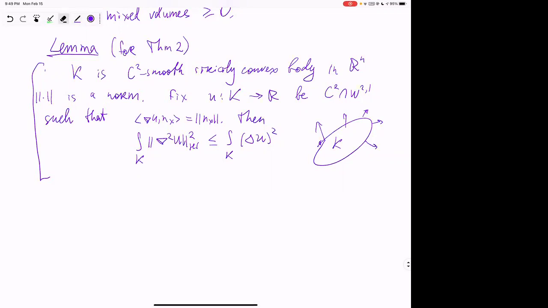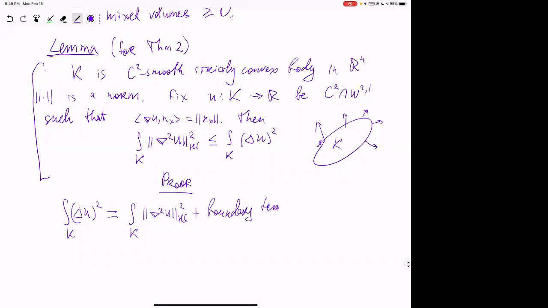But in this particular case, if its normal derivative happens to be a norm, then we have this estimate. So why? Let me explain very briefly. The Laplacian squared we can integrate by parts, and integrating by parts twice, we get precisely the Hessian squared plus some boundary terms.